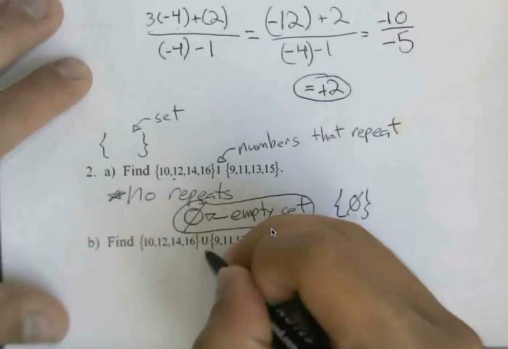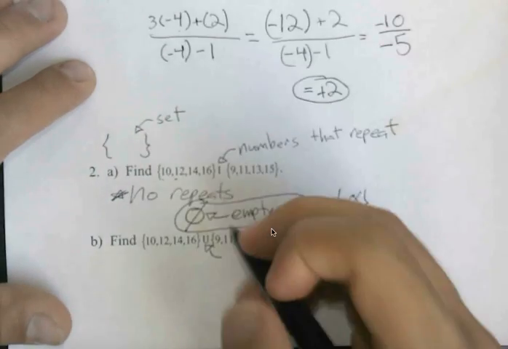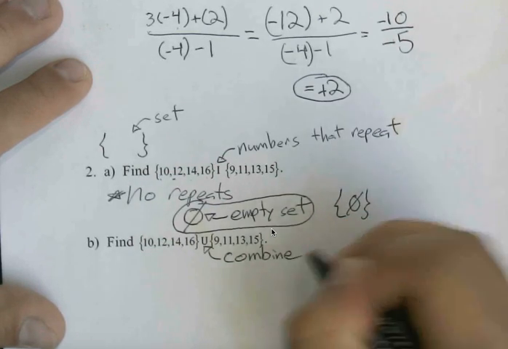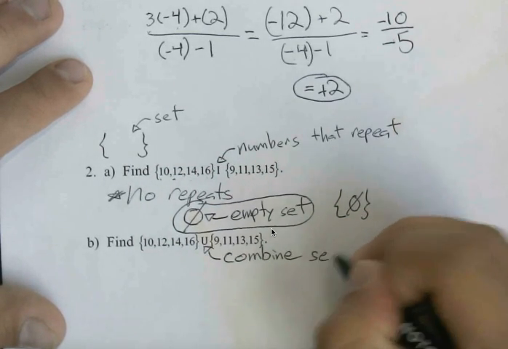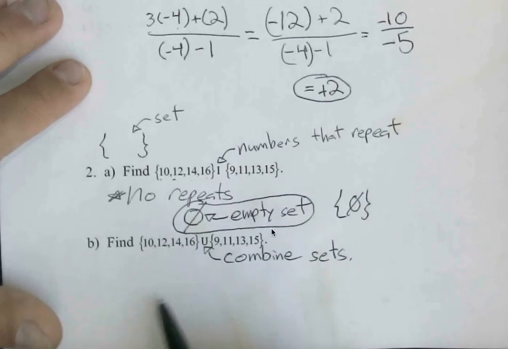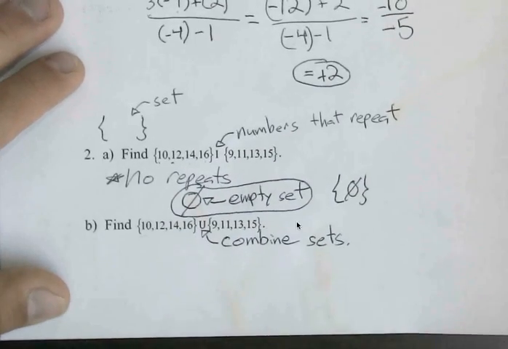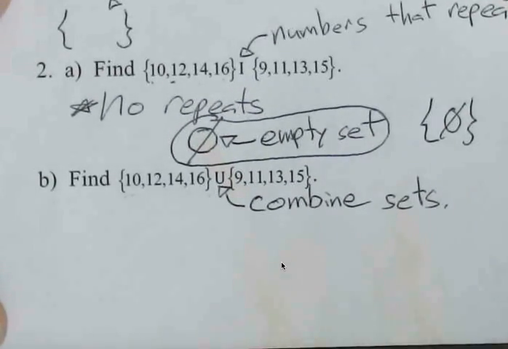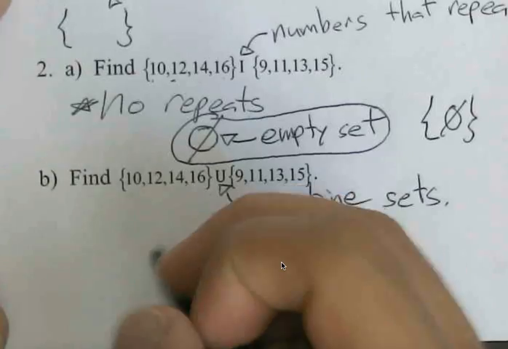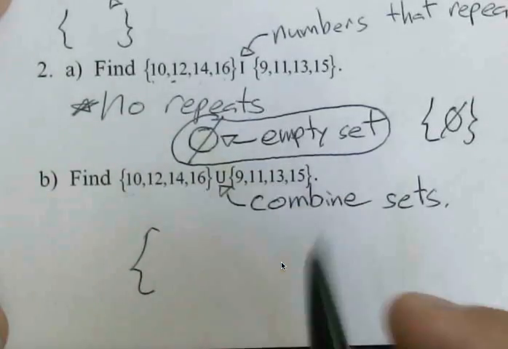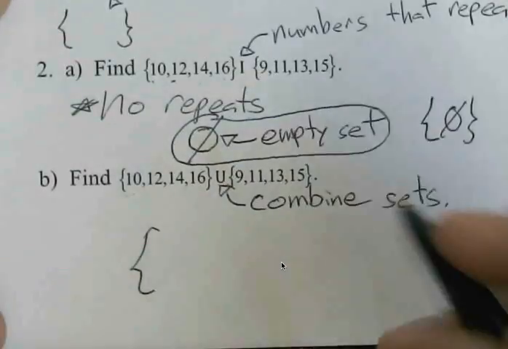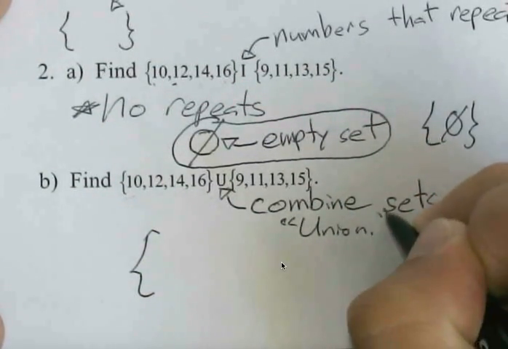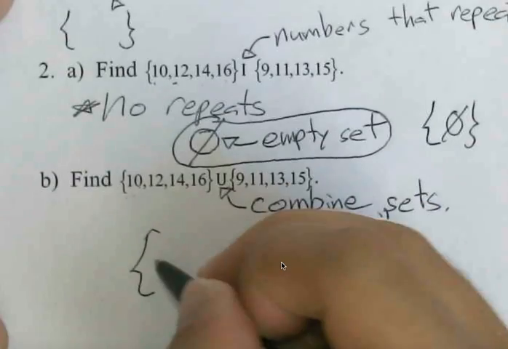With the union, although this looks similar, we're now looking for the opportunity to combine sets. It's as if we take information from the first set, we combine it with information from the second set, we put it all into one nice clean set. So when we're taking the union of these sets, we want to take 10, definitely.